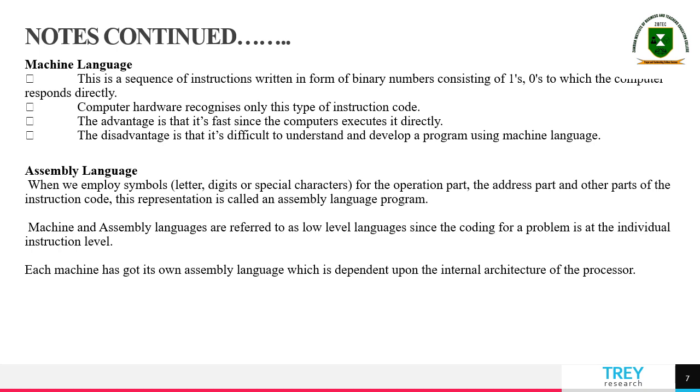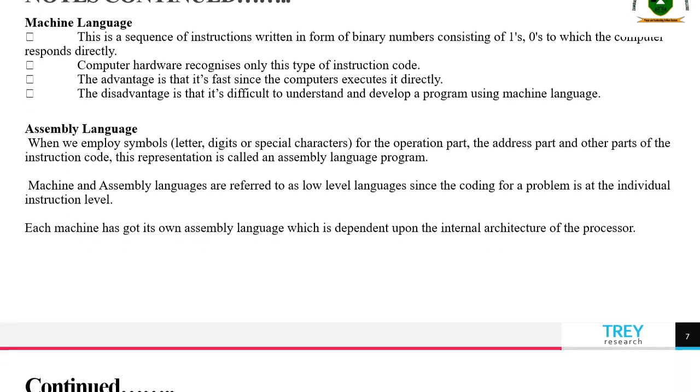I'm sure you don't understand this one, but you will understand more when we do some demonstration concerning machine language and also a bit of assembly language. Each machine has its own assembly language, which is dependent upon the internal architecture of the processor. Okay, let's make progress.